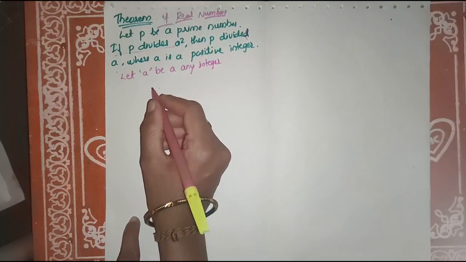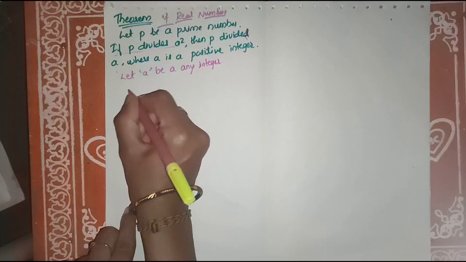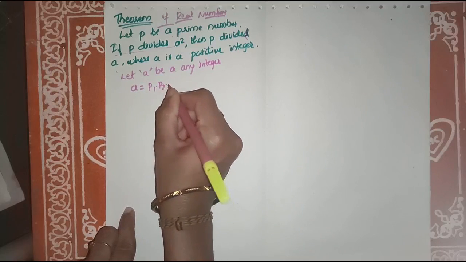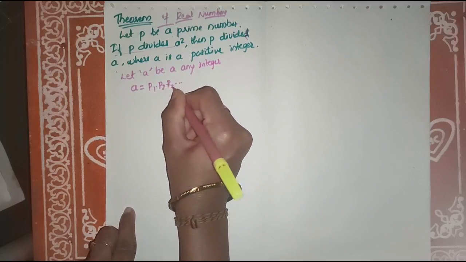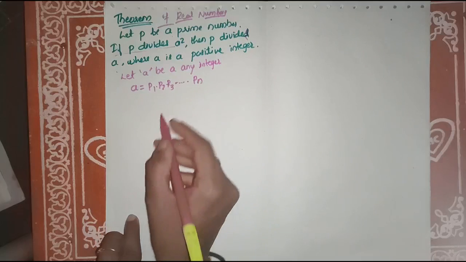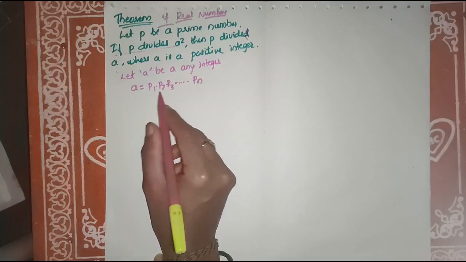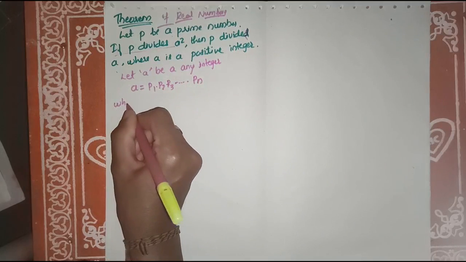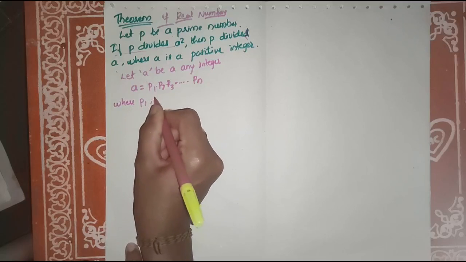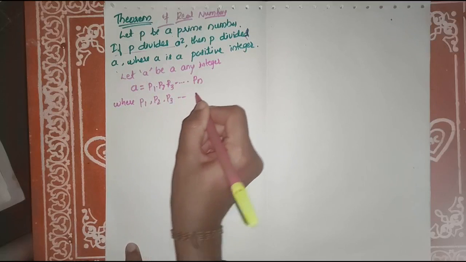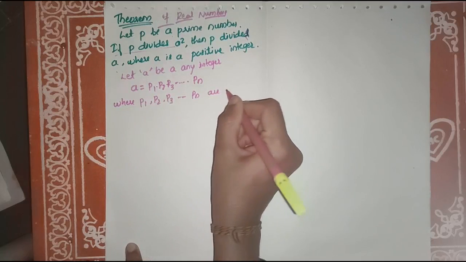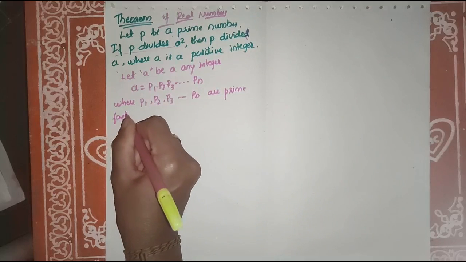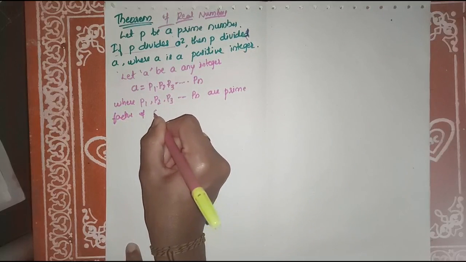So here we will write the prime factors of a as p1 into p2 into p3 into ... pn. So I have factorized a, where p1, p2, p3, ... pn are prime factors of a.